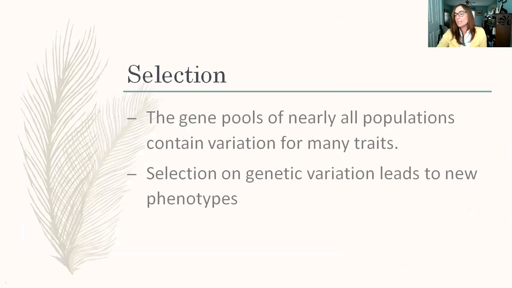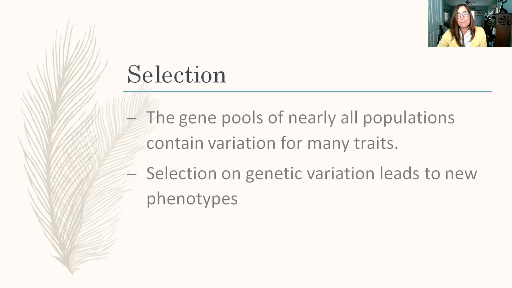Okay, so then we come to the second evolutionary process, which is selection. And again, we know that this was Darwin's idea along with Wallace, and they observed that populations can contain a lot of variations in a lot of different traits.